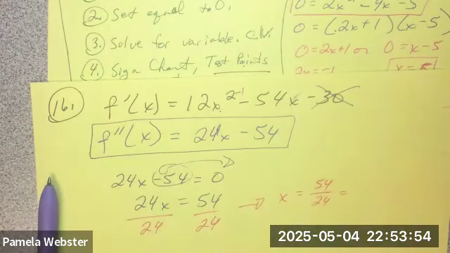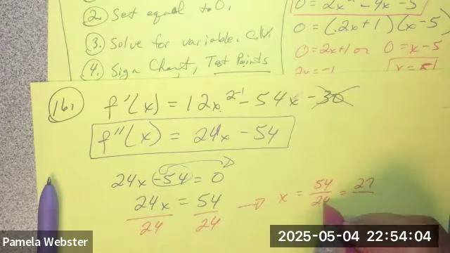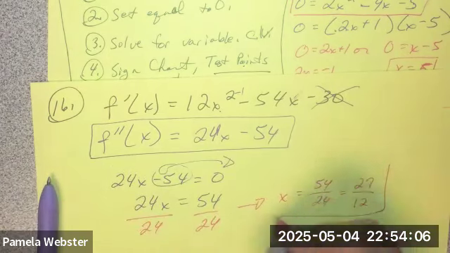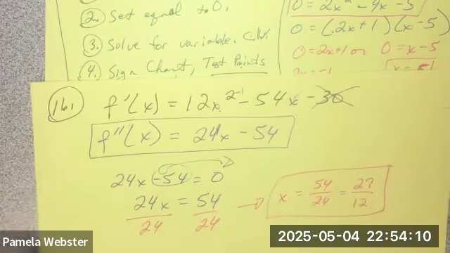And I am going to reduce this just a tiny bit because I see that they're both divisible by 2, and I feel like, hey, why not? 27 over 12. You can use either one of those, but there you go.